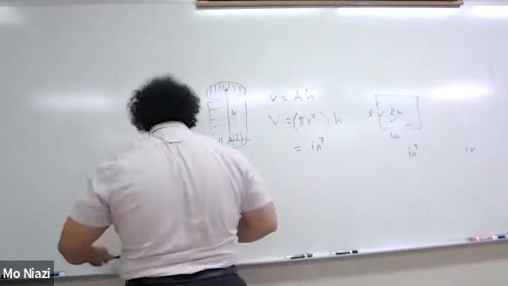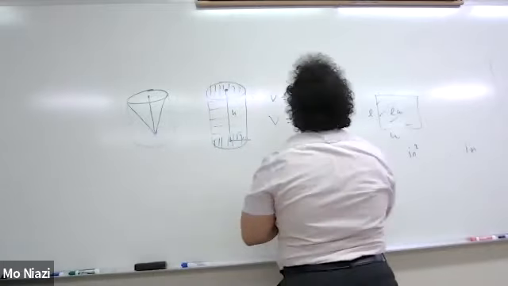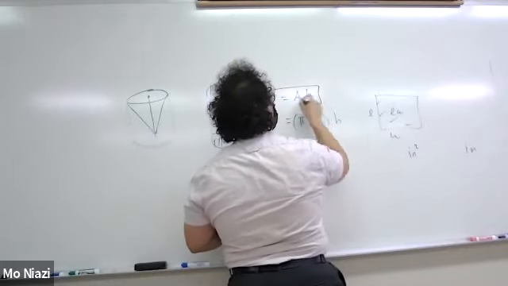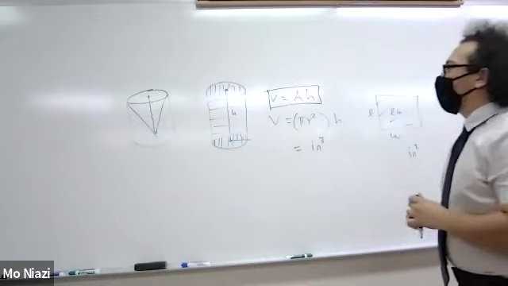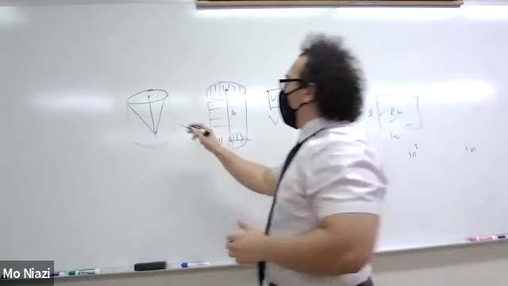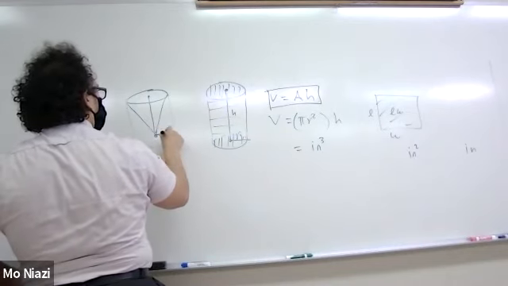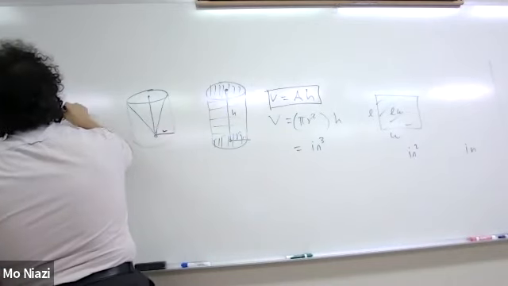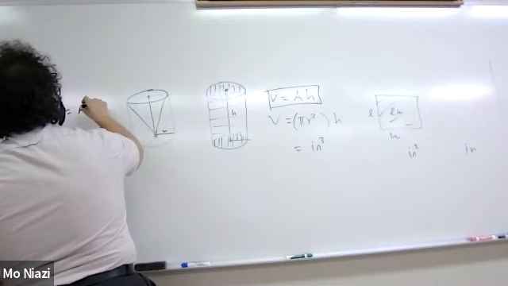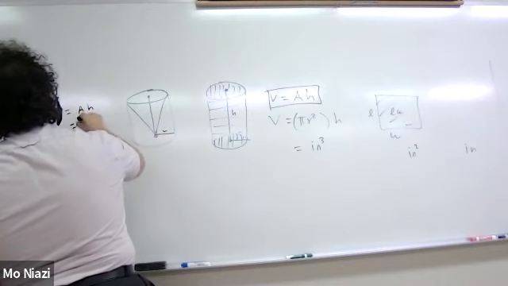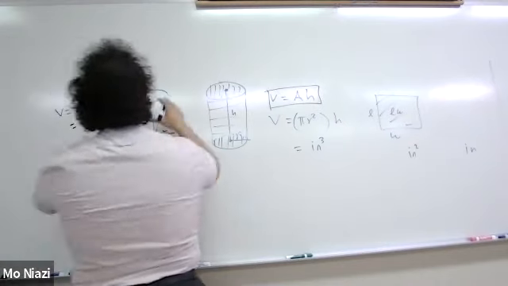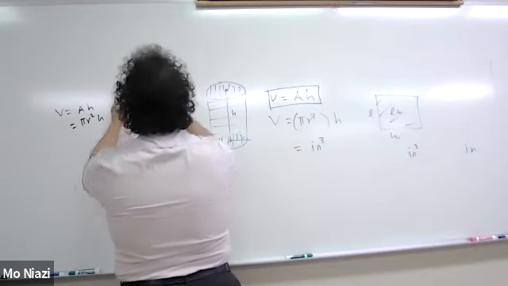Area of the base times height, correct? So the volume of this whole thing right here, if this is some radius r, is area times height, which is pi r squared h. The whole thing, including the green and the blue.